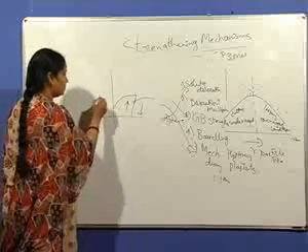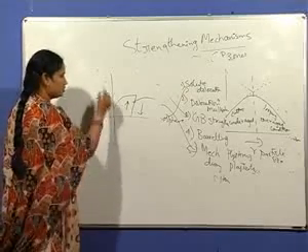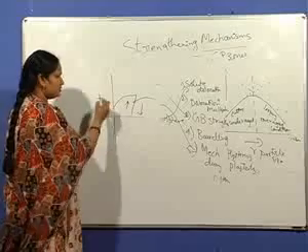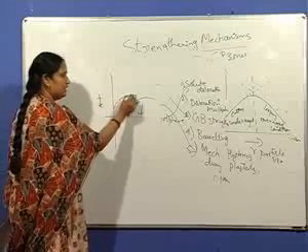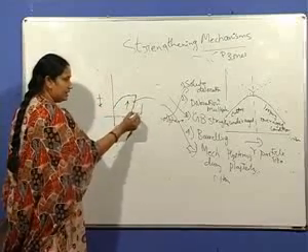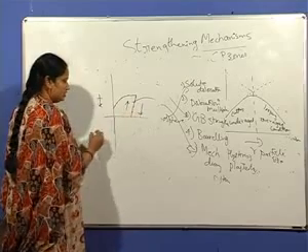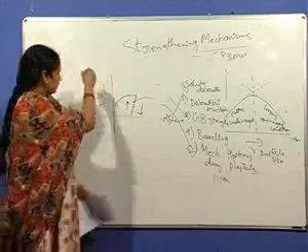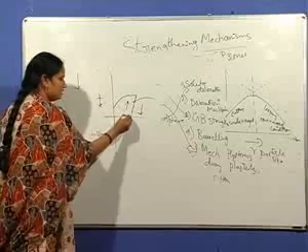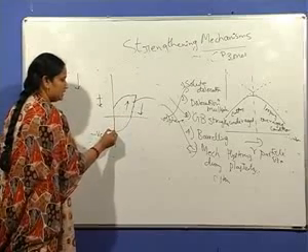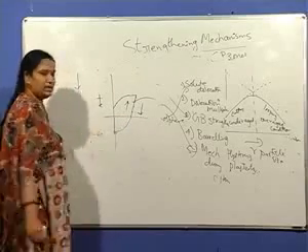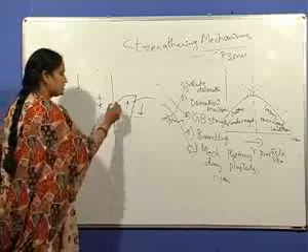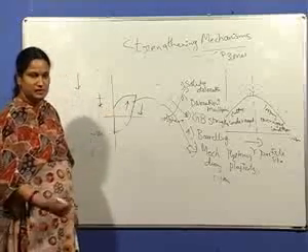So if this is the positive axis, that is tensile stress, and you have loaded the material in tension and again reload that material in compression, this is the negative, that means you are compressing the material. The material has yielded at a lower stress when compared to the previous one.